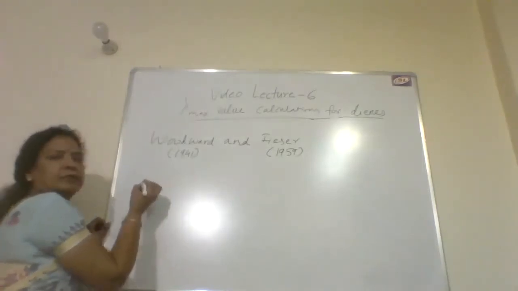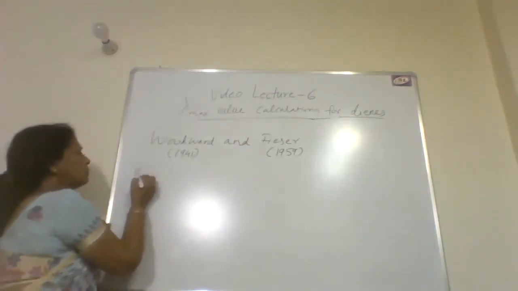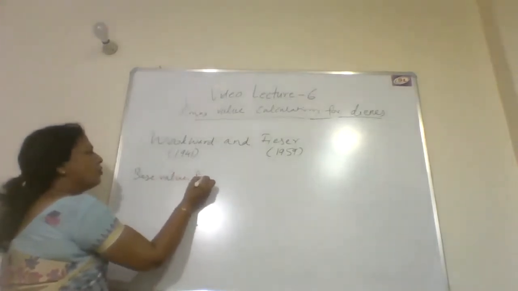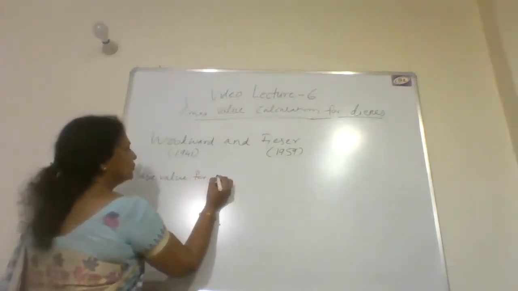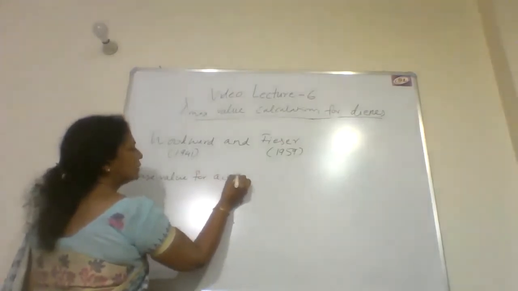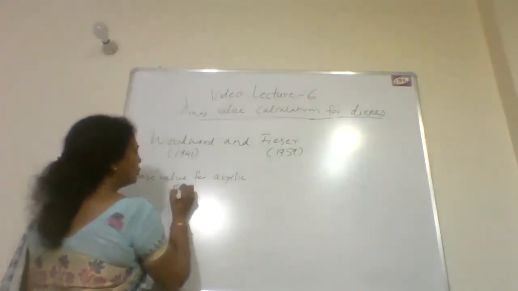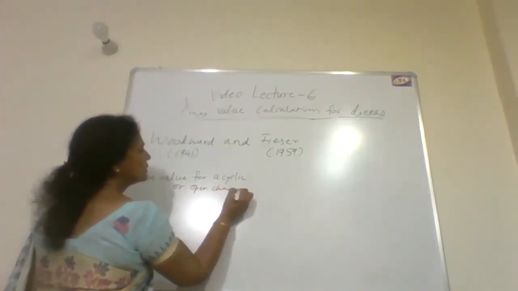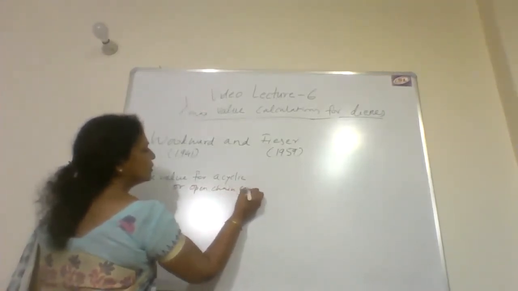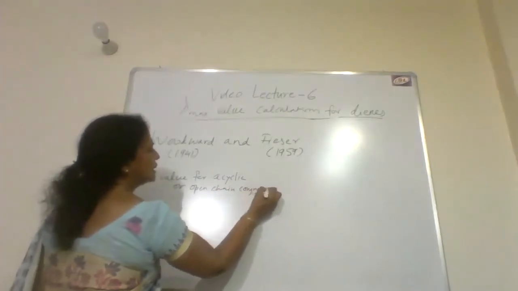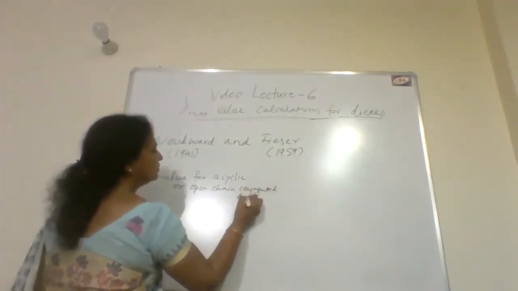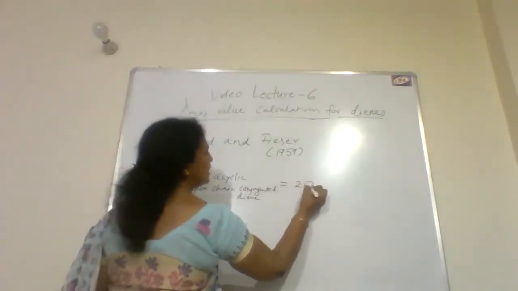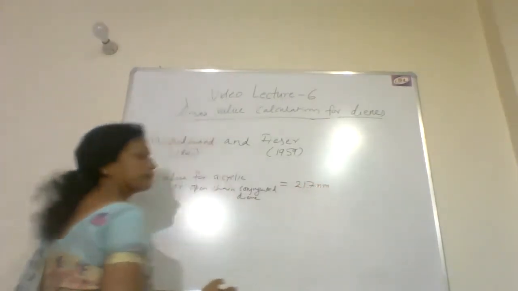According to them, the base value for acyclic or open chain conjugated dienes is 217 nanometers.